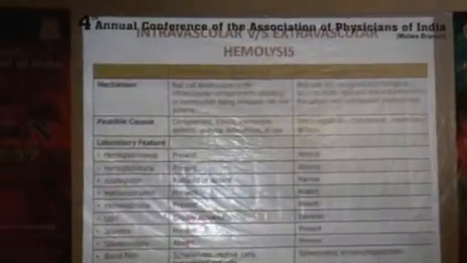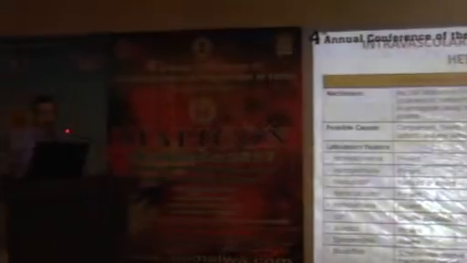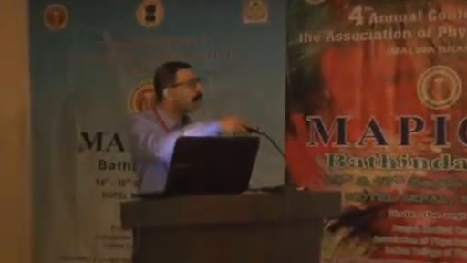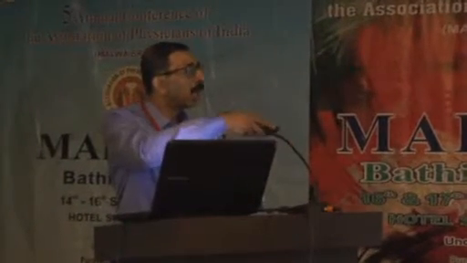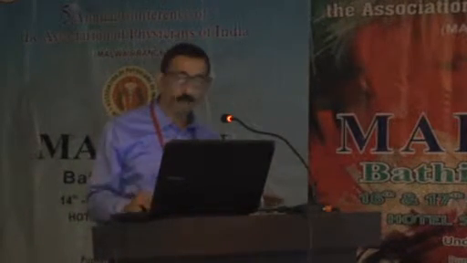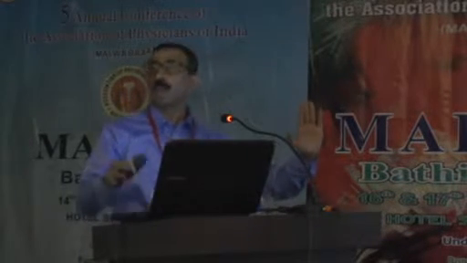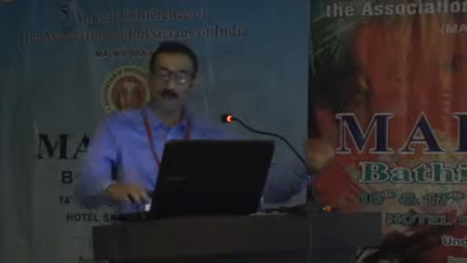In intravascular hemolysis, the spleen will not be enlarged. Hemoglobin appears in the blood, hemoglobin appears in the urine, and these would not be there in extravascular hemolysis. These are some of the special tests which are undertaken to further diagnose the cause of hemolytic anemia.